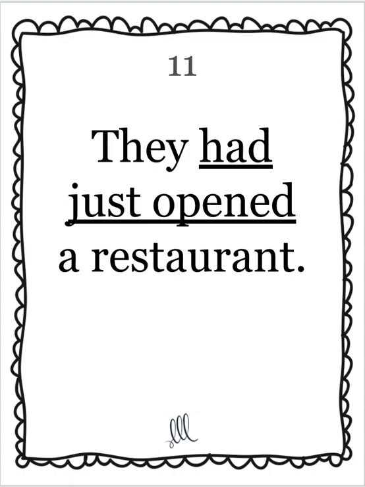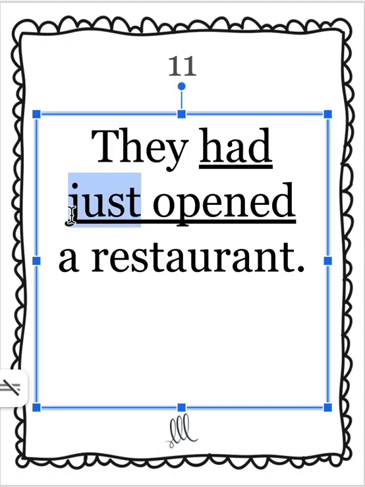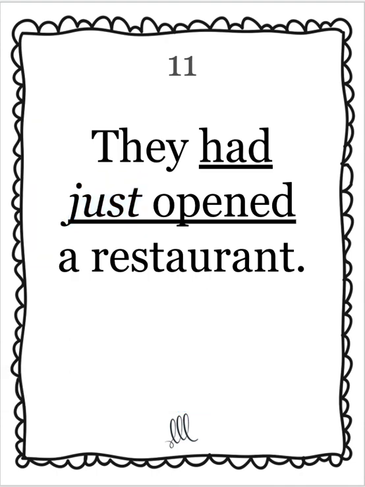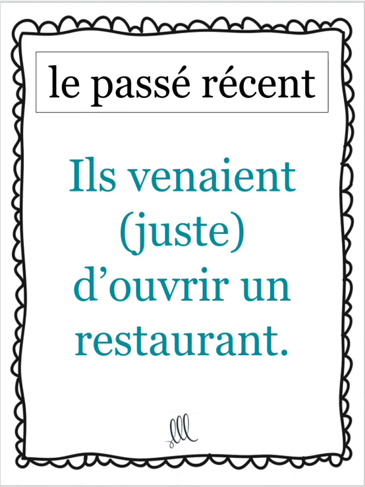No. And don't be thrown off by had, because many times we see had and then opened, and you think, I have a past participle, that's got to be the plus-que-parfait. In theory, yes, but now we have this word just in here. Well, that is a game changer, because if something just happened, that means it's in the recent past. Le passé récent.